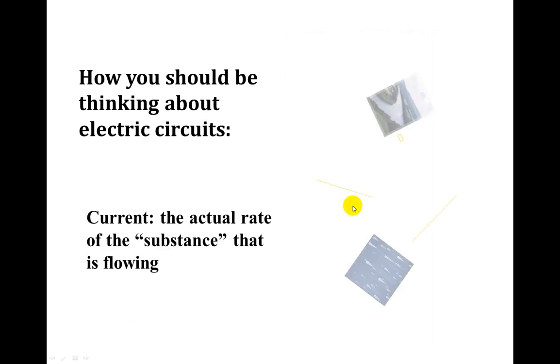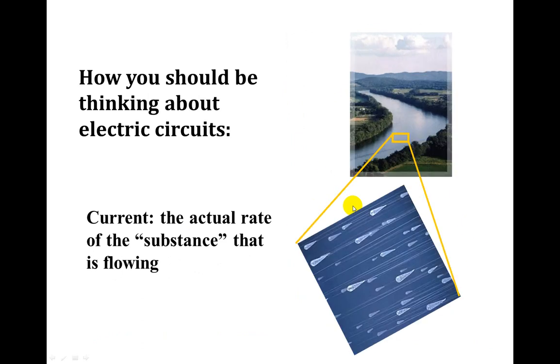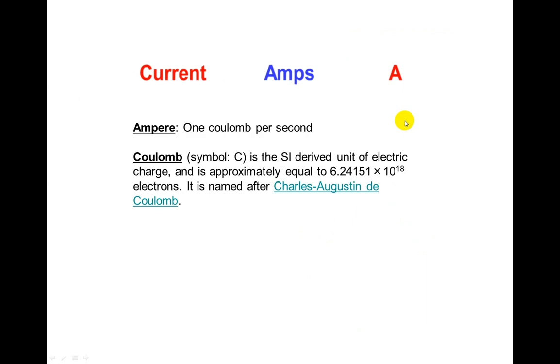All right, now let's talk about current being like the water, it's flowing. It's the actual rate of the substance that is flowing. So what rate is it going by? In this one, notice it's going a lot slower than the one before it. Current is measured in amps, or A. An ampere is defined as 1 coulomb per second.